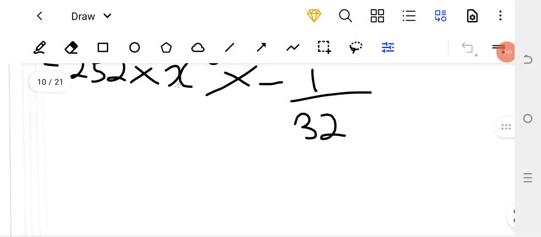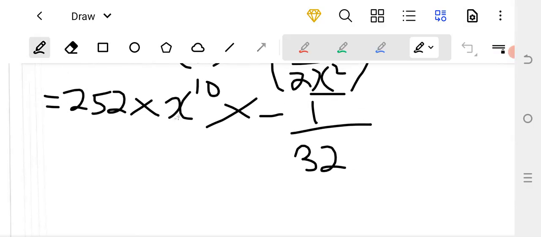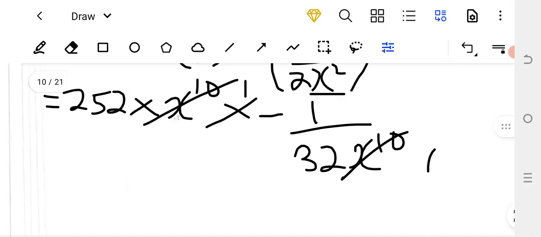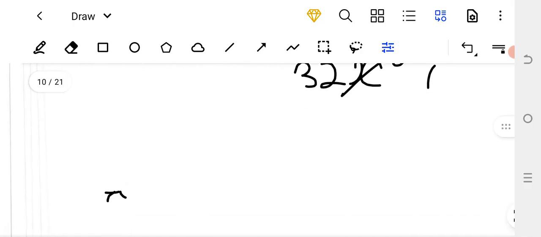Okay, I keep pressing a certain button which is saving the document. So x to the power 10, if you cancel out there, gives you a 1. And then there's the negative sign.